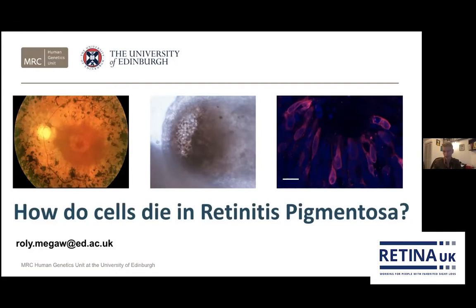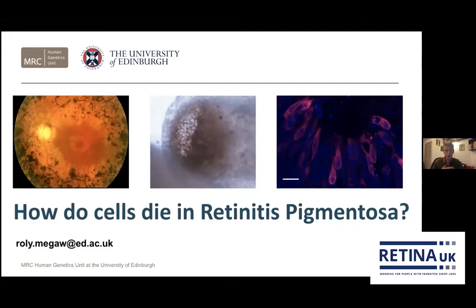And the reason for that, and the reason I always say about understanding mechanism as well, is that we are really on, hopefully, the precipice, the start of a gene therapy revolution. As you all know, we now have a gene therapy in clinic for patients with mutations in the RPE65 gene, who then develop either Leber's congenital amaurosis, which is a retinal dystrophy, or they can develop quite severe retinitis pigmentosa.